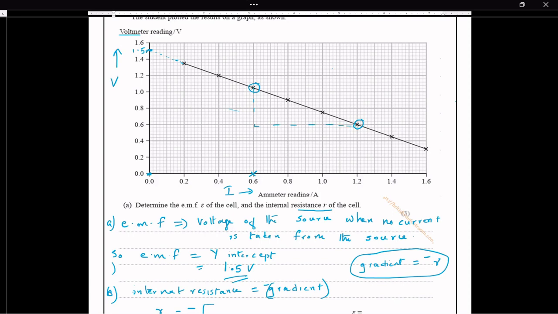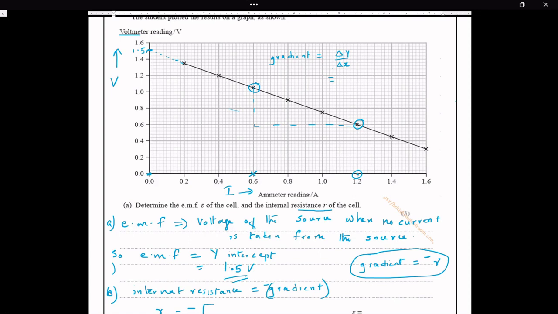On calculation, I have 0.6 here and 1.2 here. Gradient is delta y over delta x.